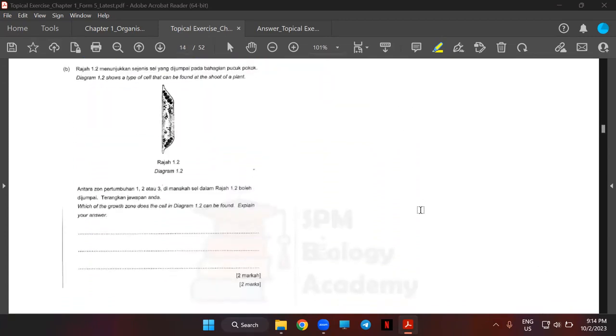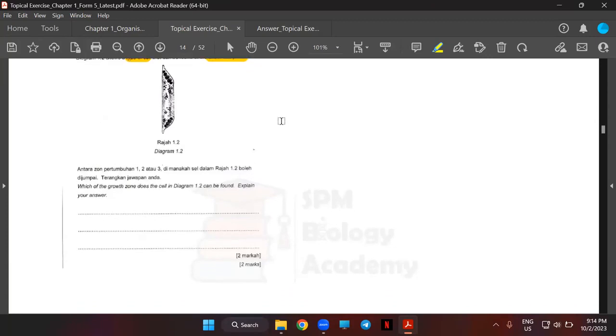B. Rajah 1.2 menunjukkan sejenis sel yang dijumpai pada bahagian pucuk tumbuh, pucuk pokok. Diagram 1.2 show a type of cell that can be found at the shoot of a plant. Okay. Now, you know what? This picture is in chapter 4. Gambar ni duduk dalam bab 4.